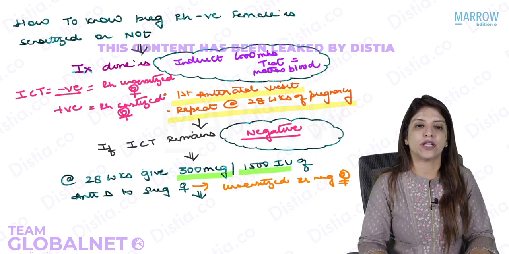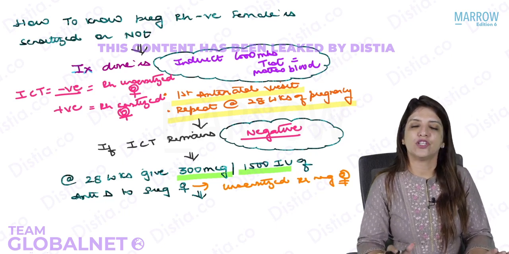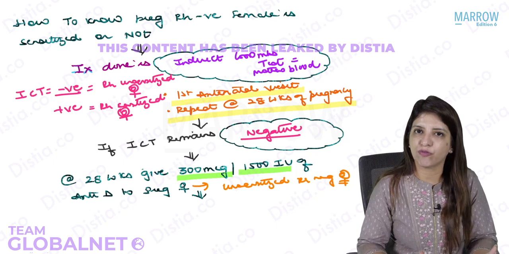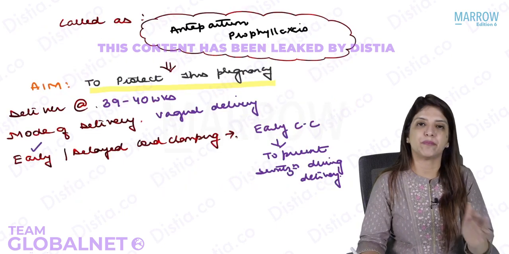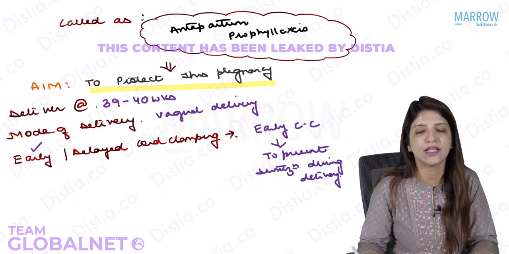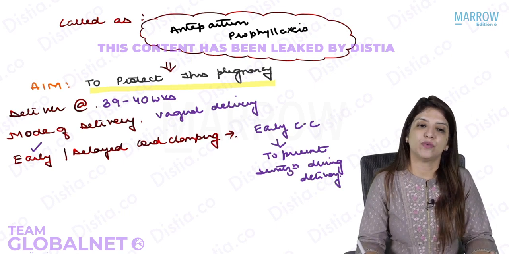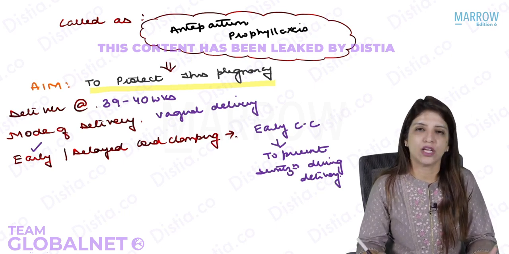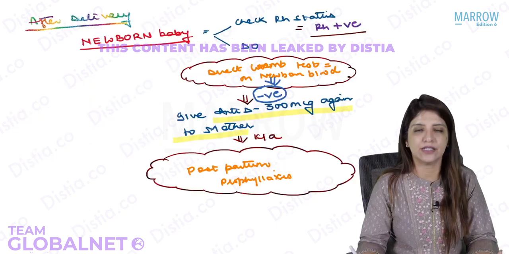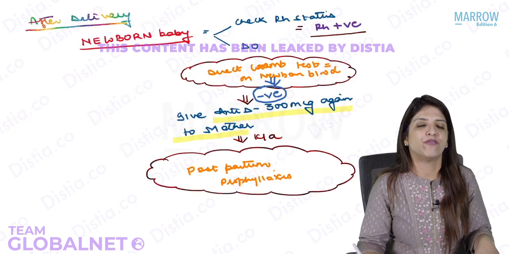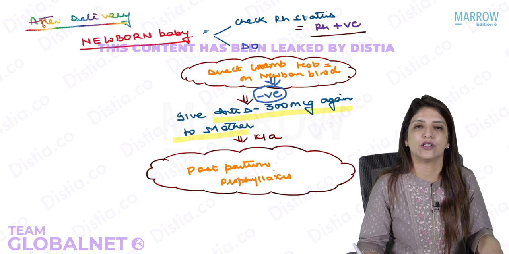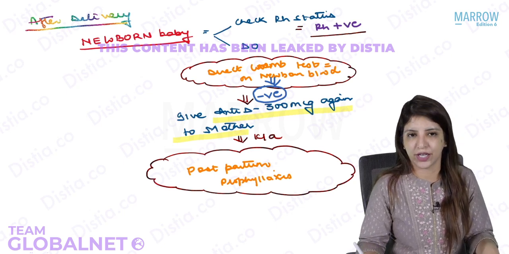If indirect Coombs test was negative, we had given injection anti-D at 28 weeks of pregnancy, and then we had carried the pregnancy up till 39 to 40 weeks. Between 39 to 40 weeks, we had delivered. Our preferred mode of delivery is vaginal delivery. After vaginal delivery, on the newborn's blood, first of all, I'm going to check whether the newborn is Rh positive or Rh negative.